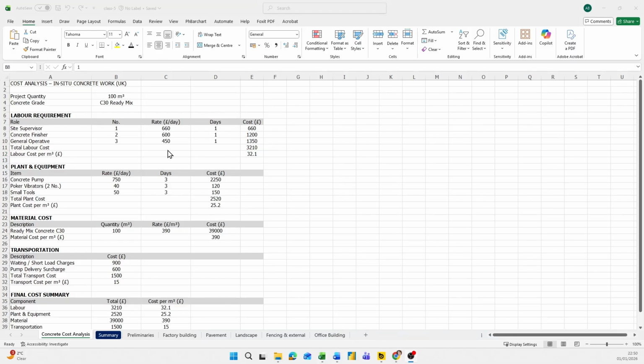So how do we know that 100 cubic meters of concrete needs 1 supervisor, 2 finishers, and 3 general operatives? You can get it from the reference book. Every country has a reference book. And for me, I use my experience. Yes, my experience also comes from some reference books, but everything is in my memory now.